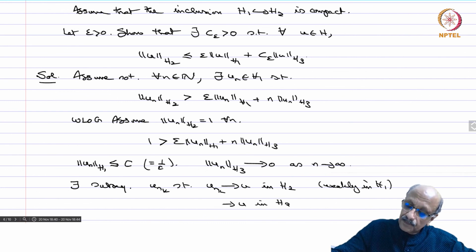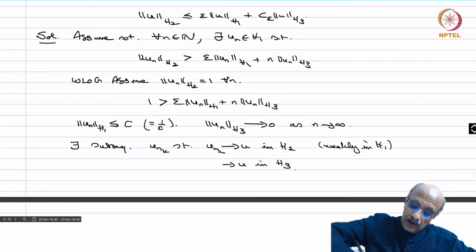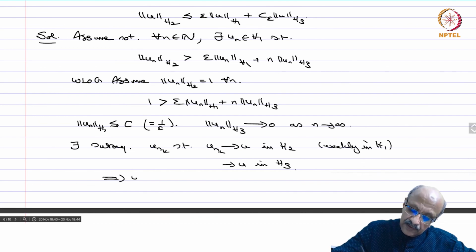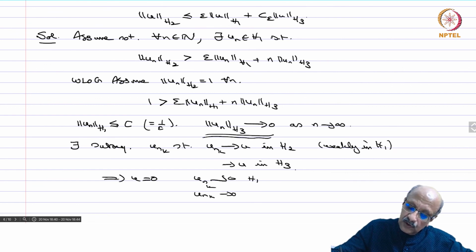But un_k in H3 goes to 0, so this implies that u equals 0 because of this fact. So you have un_k weakly goes to 0 in H1, un_k goes to 0 in H2 and goes to 0 in H3 as well.